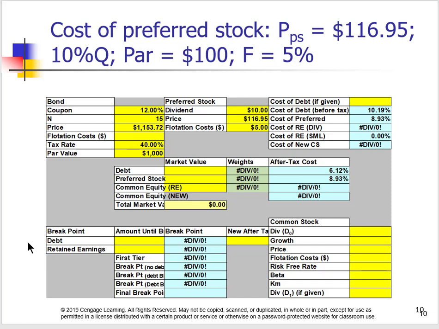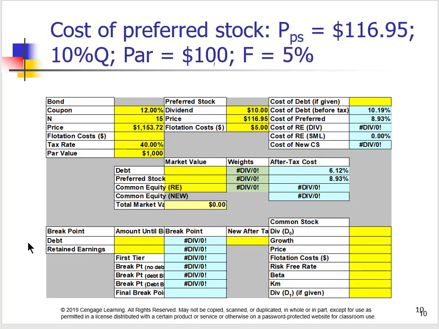So here we have the dividend. The par value is $100, and the coupon is 10% of that. So the dividend is $10. Here's our price. And in this case, the flotation cost is 5%. It's 5% of par value.